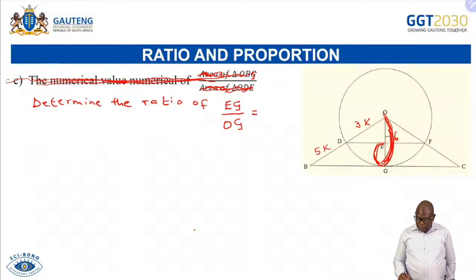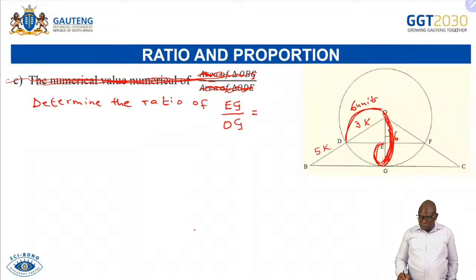Now, remember this is the length. If I need the length of that, how am I going to get it? This is 6. Remember this is 6 units.